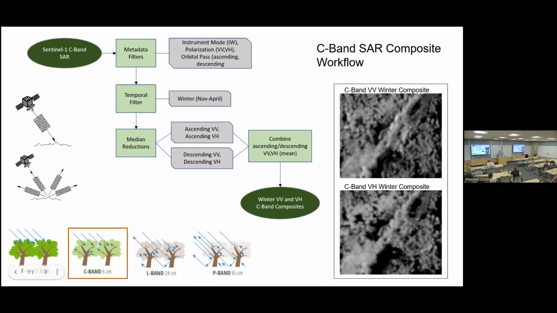We took the mean of the ascending and the descending. So we had a descending median composite and an ascending median composite, and then we just took the mean between those two. Okay. Yeah, to combine those. And it gives us both look angles. So most of the actual composite creation was done through a median reduction as well.